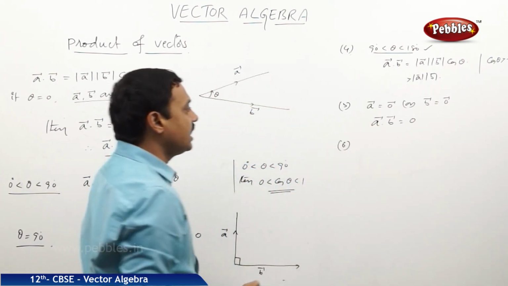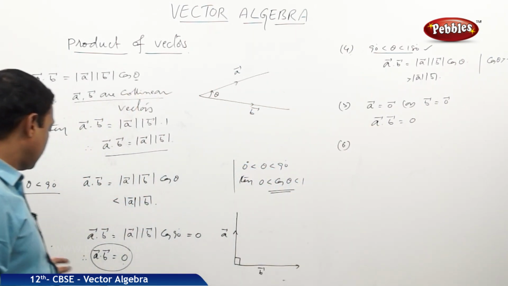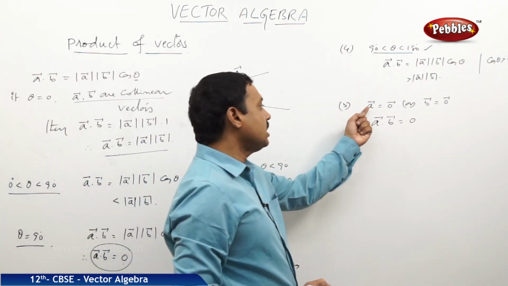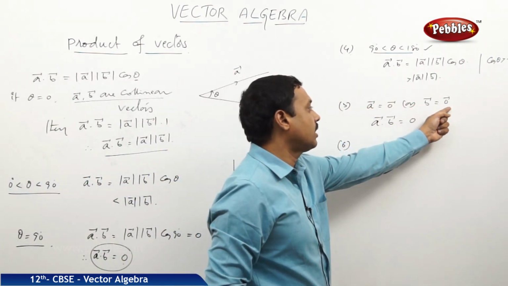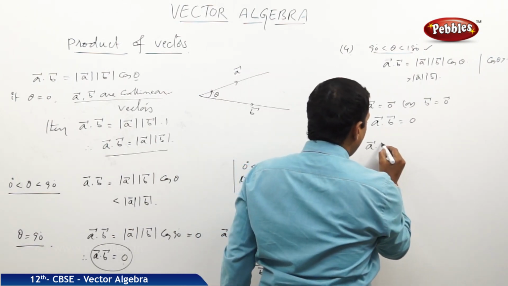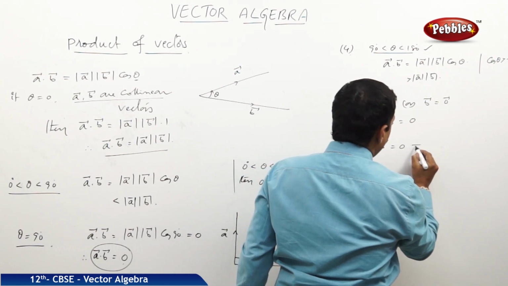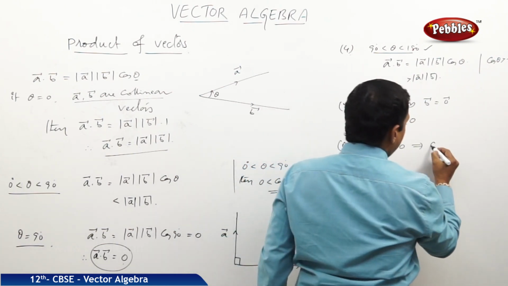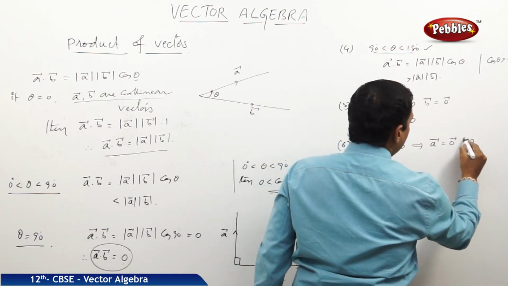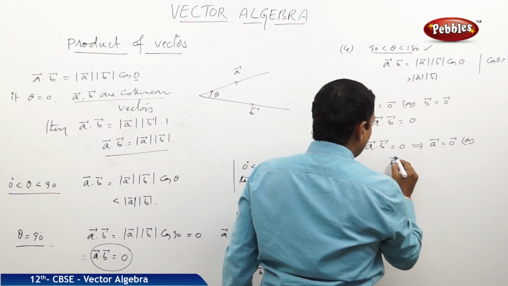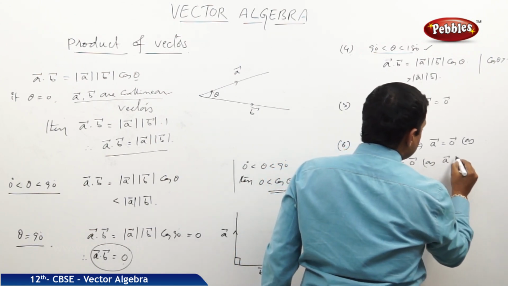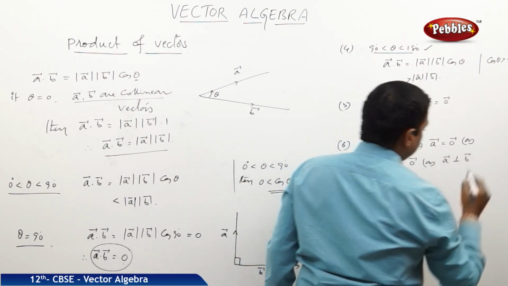But one thing is clear: when theta is equal to 90, A dot B is 0. When either A bar is a null vector or B bar is a null vector, then also A dot B is 0. Hence, A bar dot B bar equal to 0 implies either A bar is equal to 0 bar, or B bar is equal to 0 bar, or A bar is perpendicular to B bar.